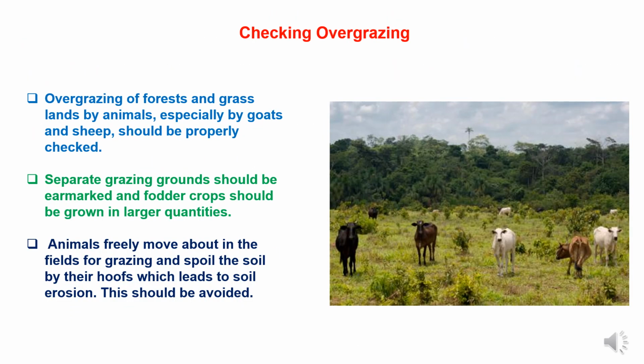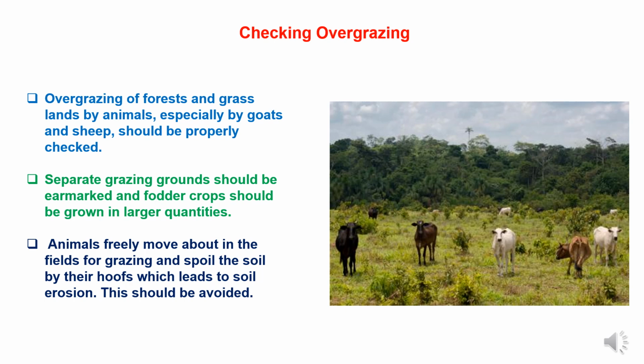Next method of soil conservation is checking overgrazing. Overgrazing of forest and grasslands by animals, especially by goats and sheep, should be properly checked. Separate grazing grounds should be earmarked and fodder crops should be grown in large quantities. Animals freely move about in the fields for grazing and spoil the soil by their hoofs, which leads to soil erosion.